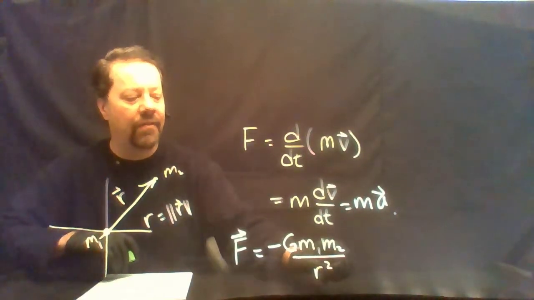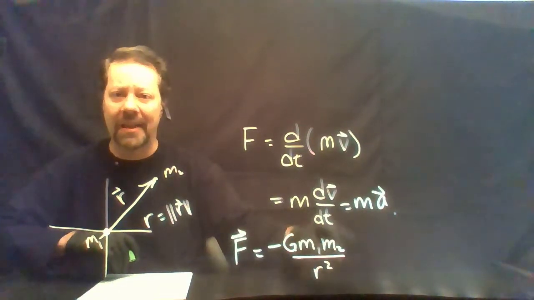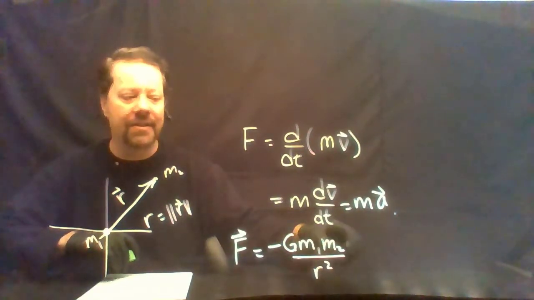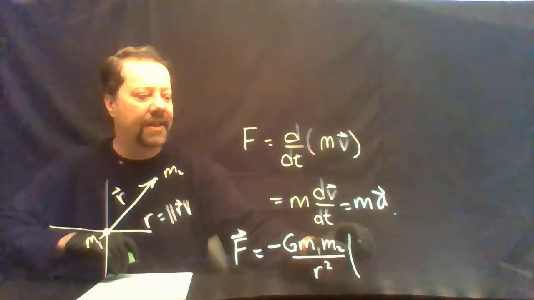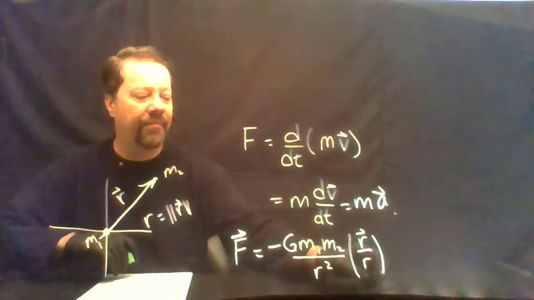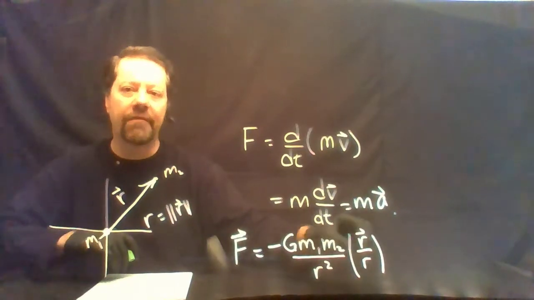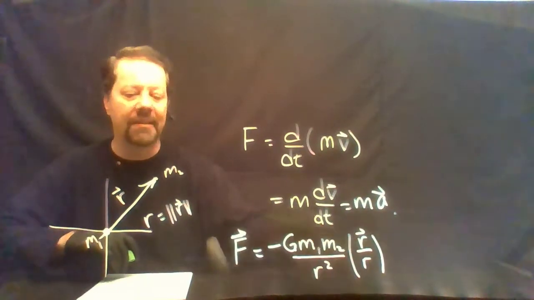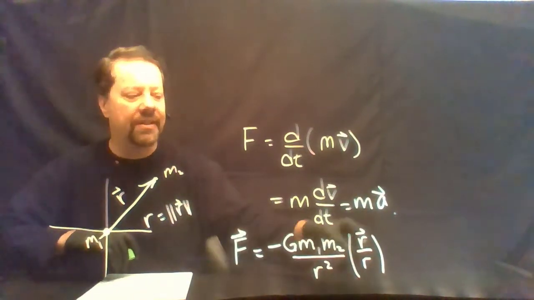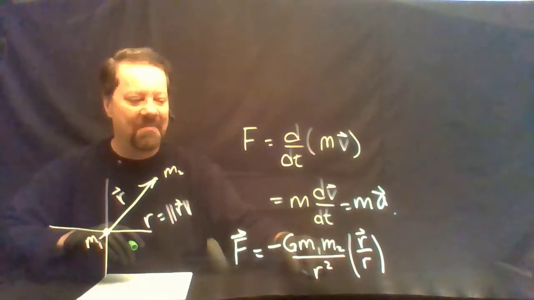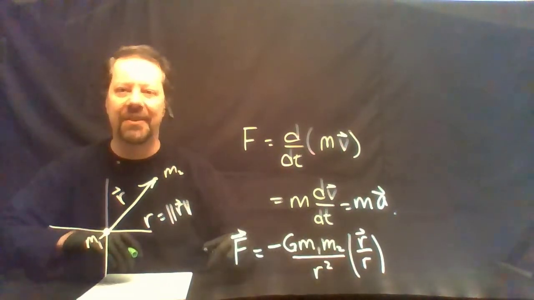We can write this as follows. It's over r squared, but it still needs a direction because everything we've written down so far is scalar. The direction will be r over little r. This is a unit vector because we are normalizing the position vector, so this gives only a direction. The magnitude is determined by the coefficient.